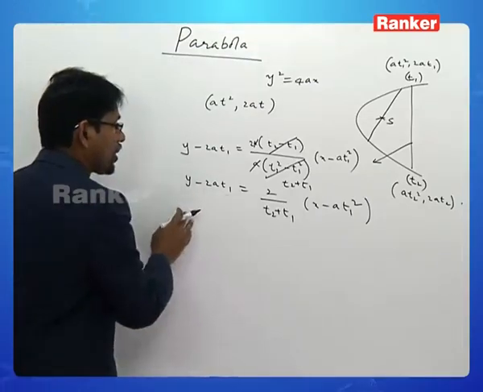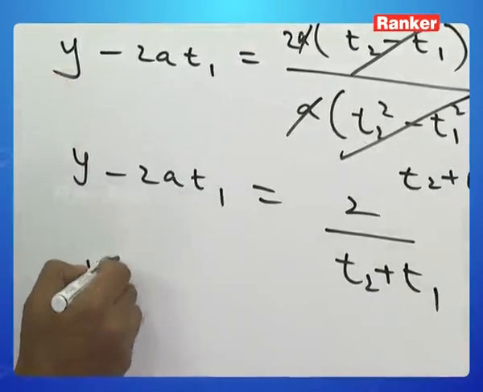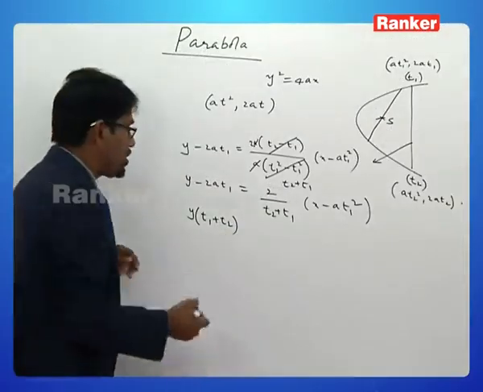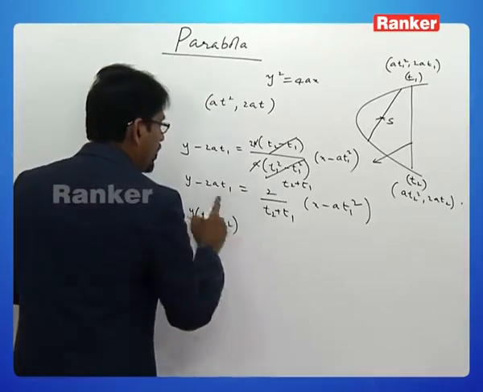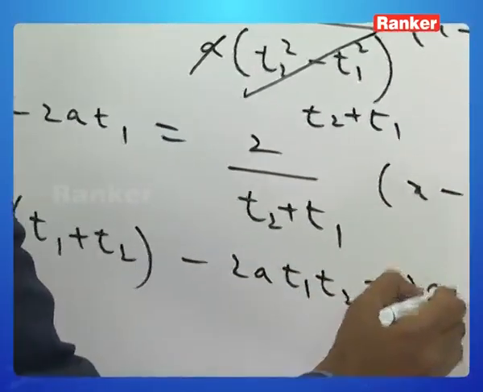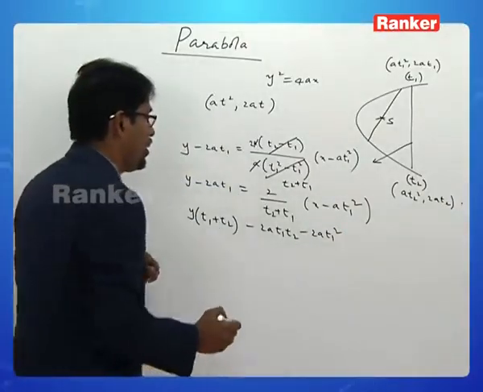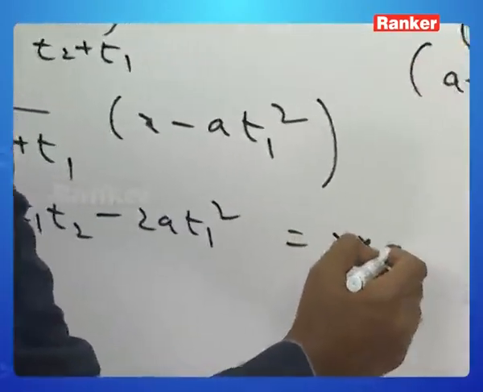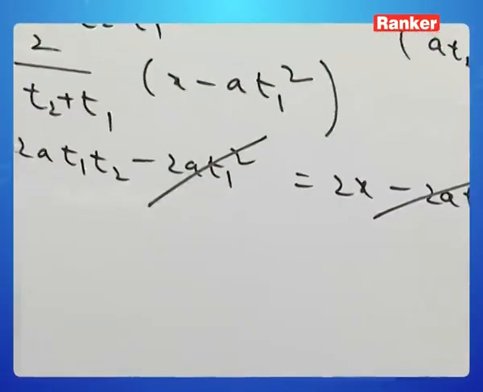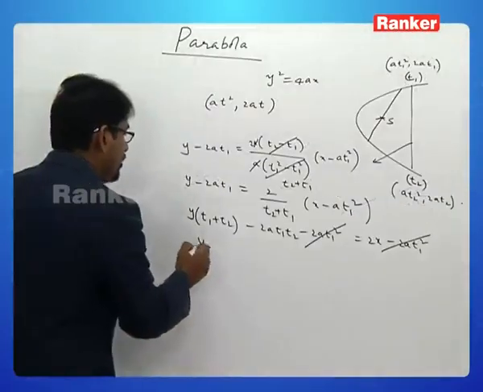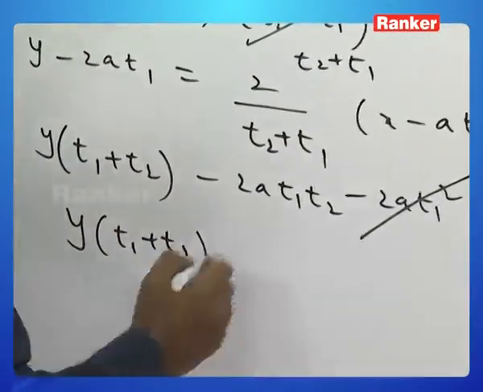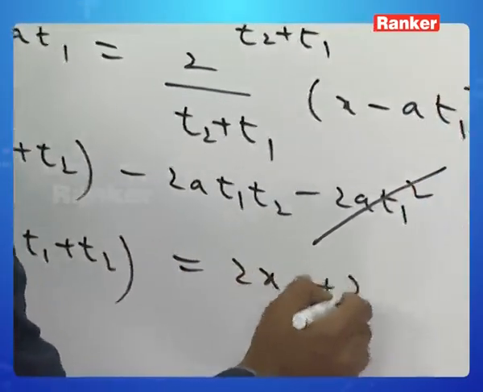Now you can write this as, multiply this with t1 plus t2, cross multiply, y into (t1 plus t2) minus 2a t1 t2 minus 2a t1 square is equal to 2x minus 2a t1 square. The minus 2a t1 square on both sides can be cancelled. So what do we have here? Y into (t1 plus t2) is equal to 2x plus 2a t1 t2.